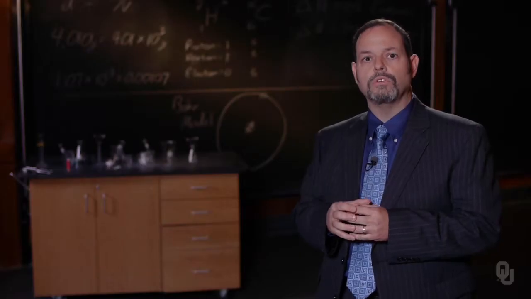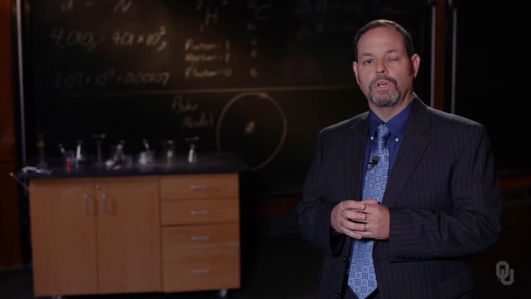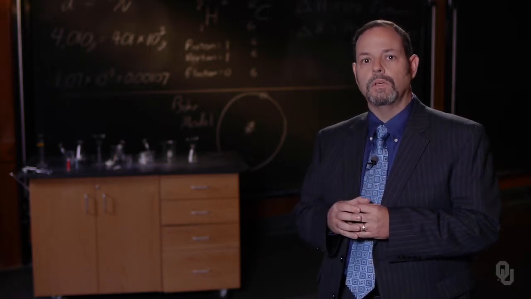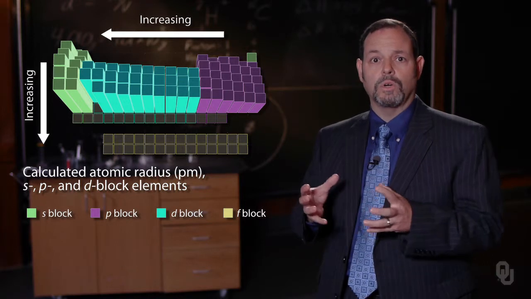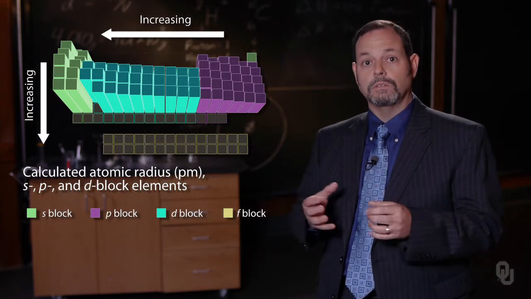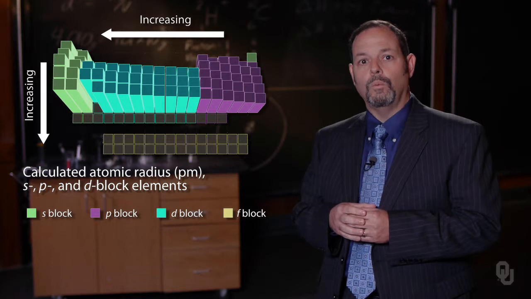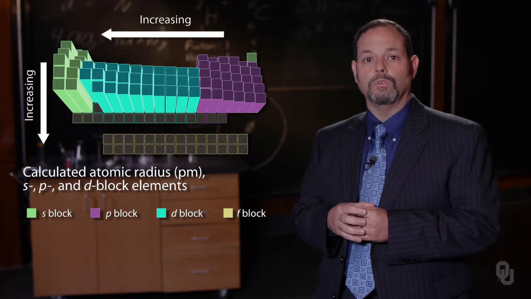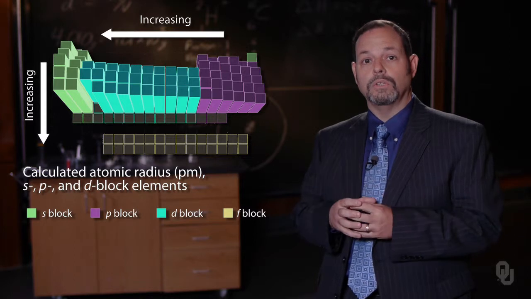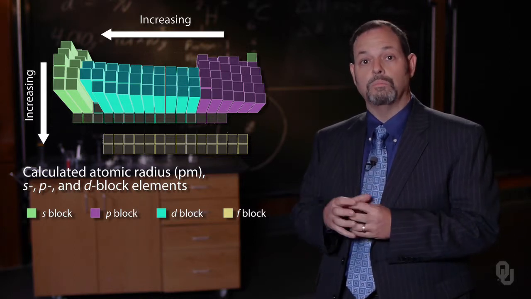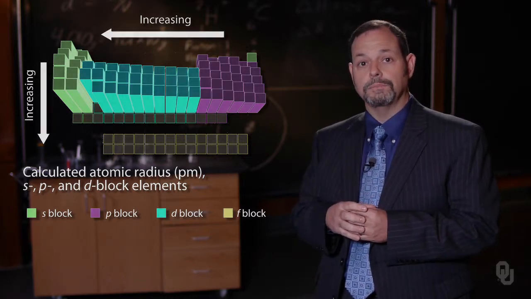It's important to understand, when we learn our periodic trends, the basis. The basis going down a group for atomic radii is the fact that we're adding more electrons and getting more shells. The basis for why we decrease atomic radius as we go across the periodic table is the fact that we're increasing the Z effective, the attractive force that pulls in those electrons.